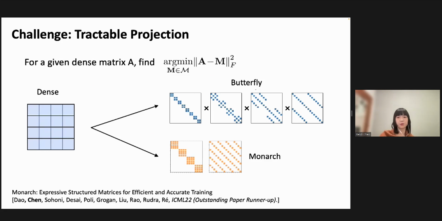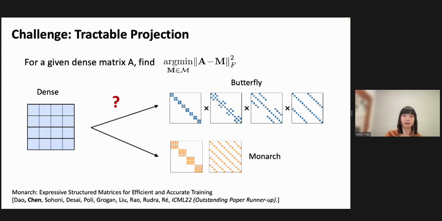This problem reduces to, can we derive a projection algorithm or decomposition algorithm to find the closest one that belongs to that class of matrices? This is actually a very hard problem for most classes of matrices. The only known popular algorithms are for element-wise sparse, where you just pick the large magnitude, and low-rank decomposition.